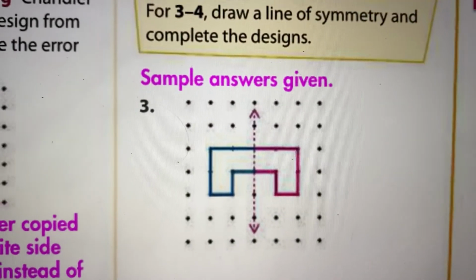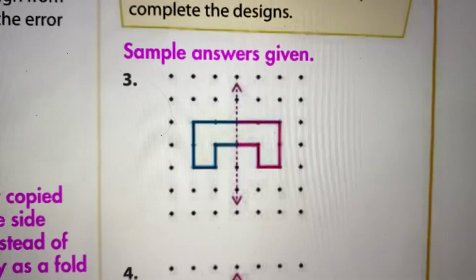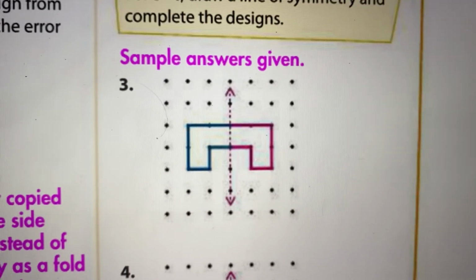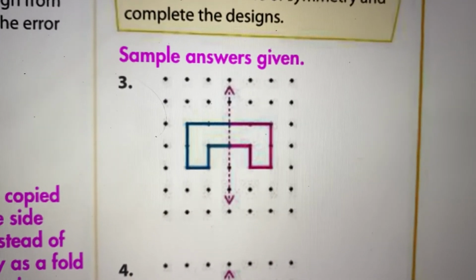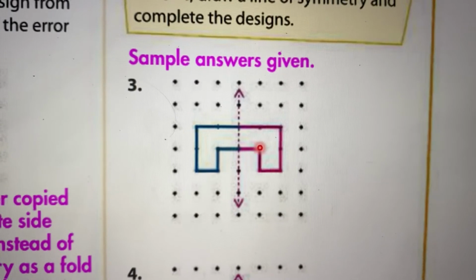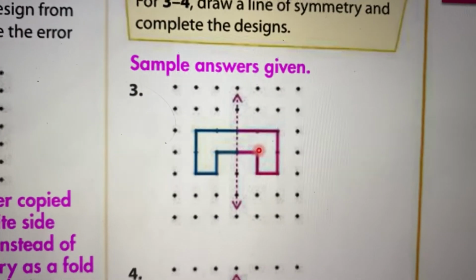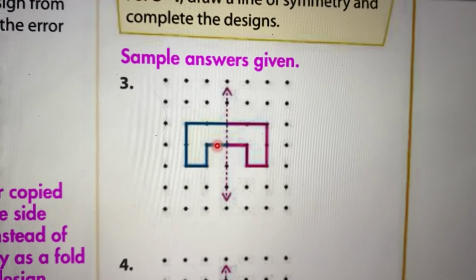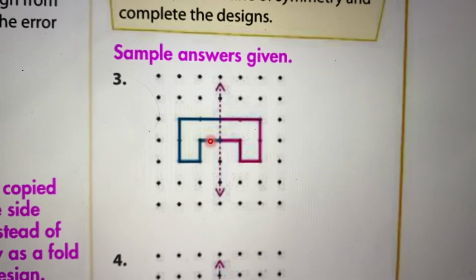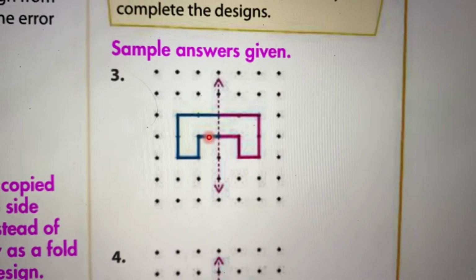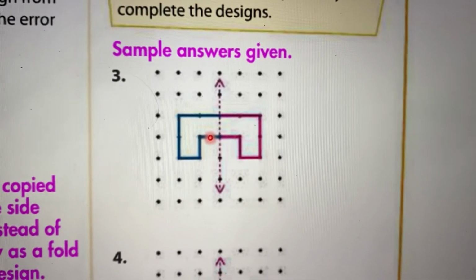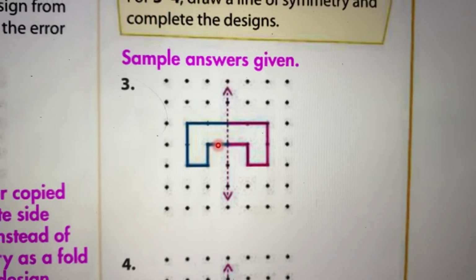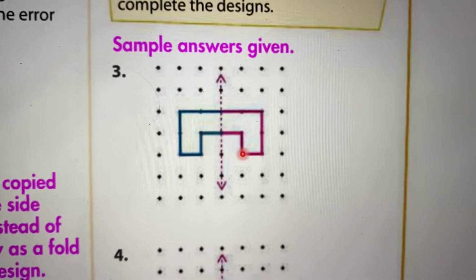Now look at questions number 3 and 4. It's very easy. The same. I'm gonna go to the opposite side here, the pink part, and think about the right side as the opposite side, upside down, or in a different way, okay? So I'm gonna complete it.